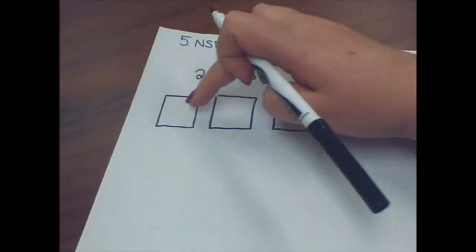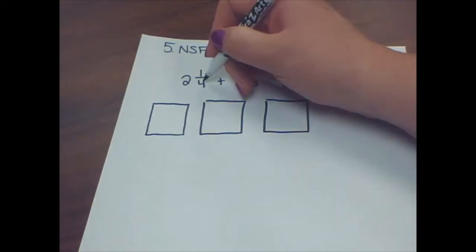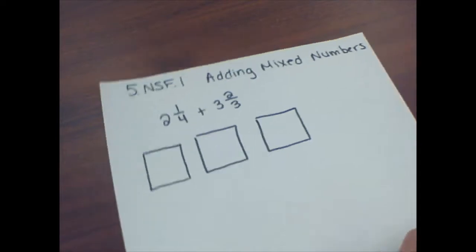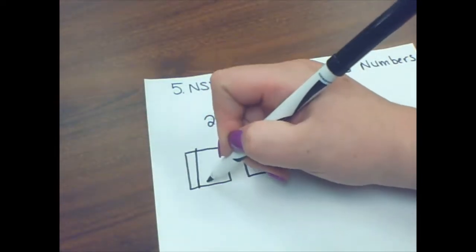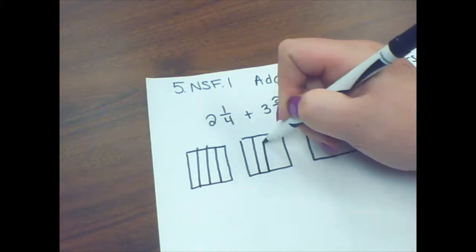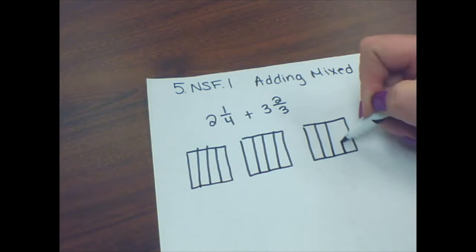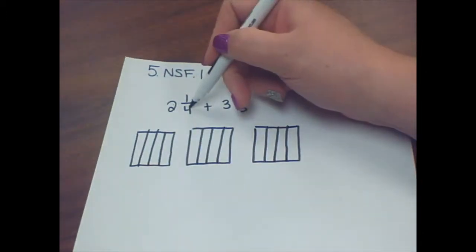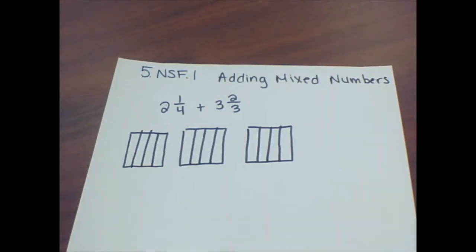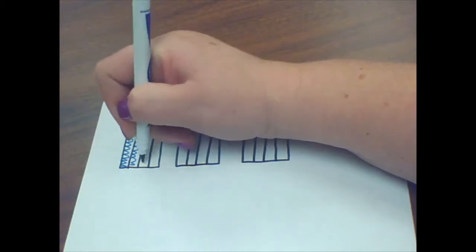Okay? 2 for my wholes and 1 for my fraction. I have to split all of them into fourths. Okay. So each one of my models is split into fourths. Now, I have to shade this whole one to equal 1 whole.